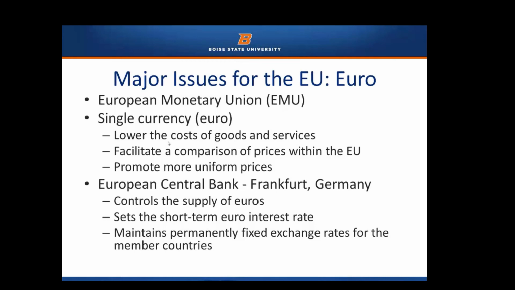By the time you set the contract and so you agree on a price, and then when the commodity is shipped to the other country and taken delivery in the other country, that's when the payment occurs. Well, if there's fluctuations in the value of the two currencies between that time, and then that creates risk. So using a single currency lowers that risk and other costs of conducting business overseas.